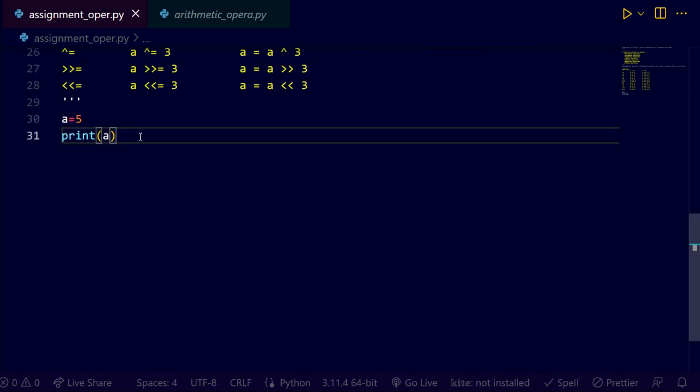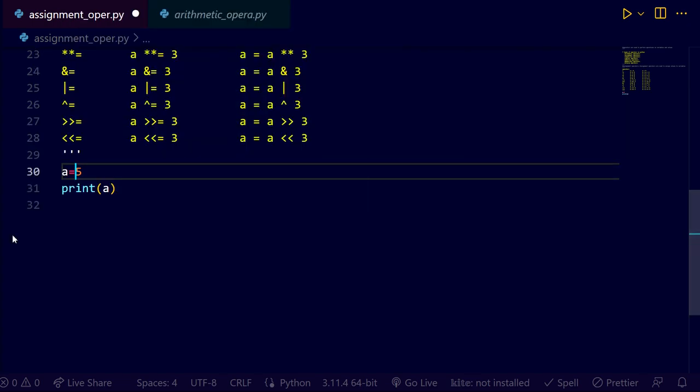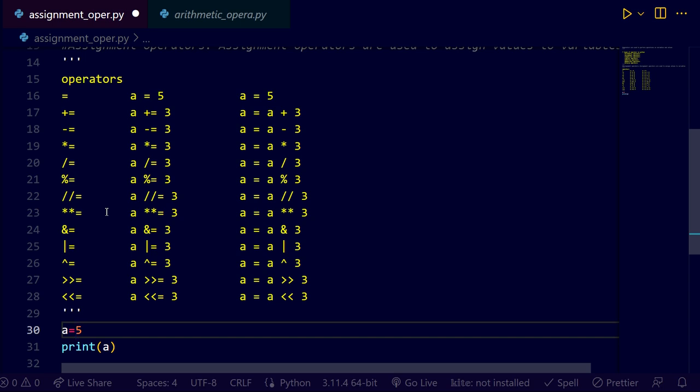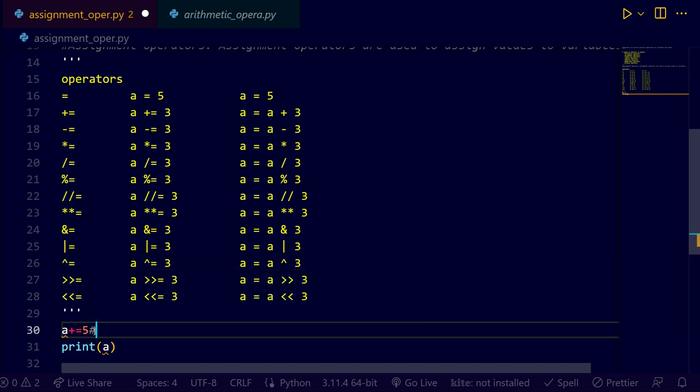Next, plus equals to. If you write a plus equals to 5, what does it mean? It means a equals to a plus 5. It indicates like this.